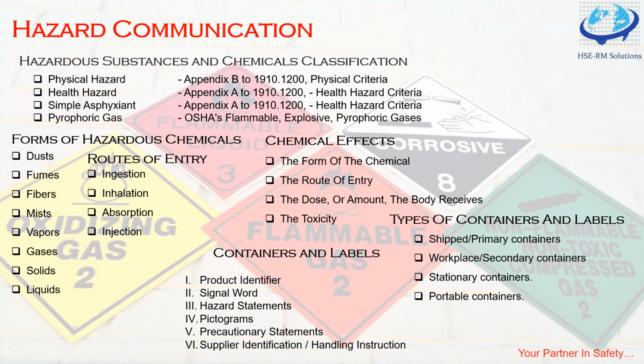For the purpose of the hazard communication system, HCS, a hazardous chemical means any chemical which is classified as a physical hazard or a health hazard, or a simple asphyxiant, or pyrophoric gas, or hazard not otherwise classified. Now let's talk about the first of these, which you will easily be able to categorize, starting with physical hazard. What is a physical hazard?